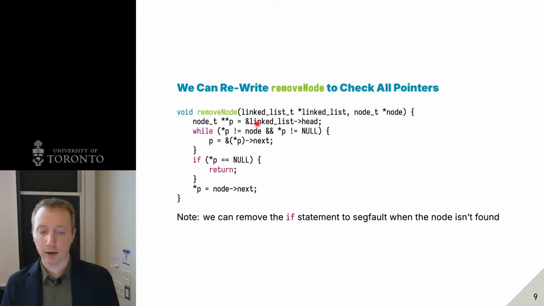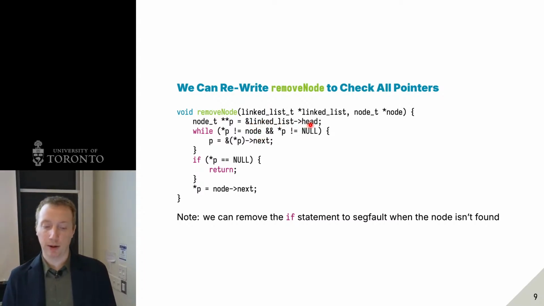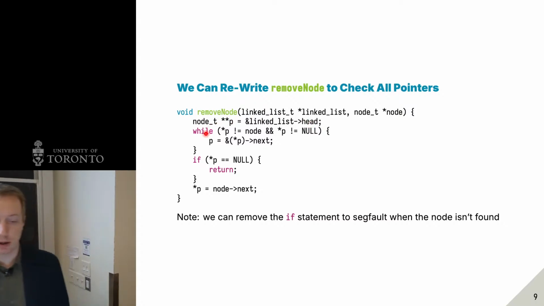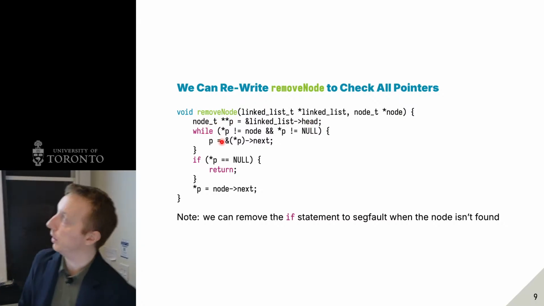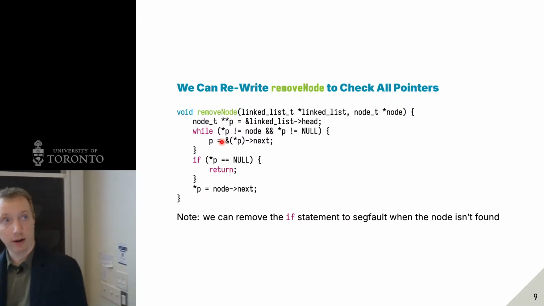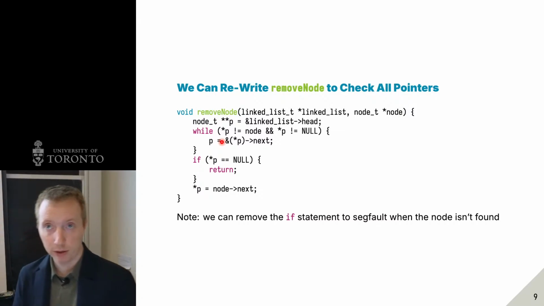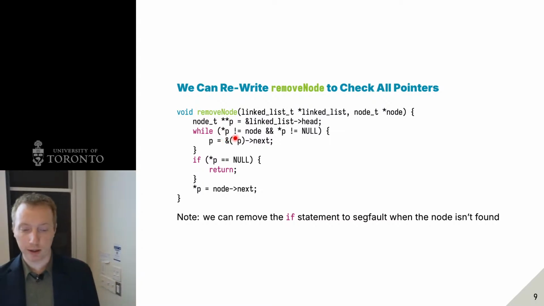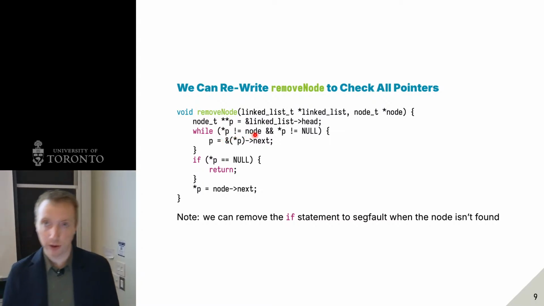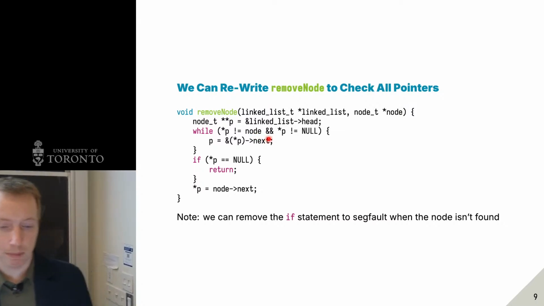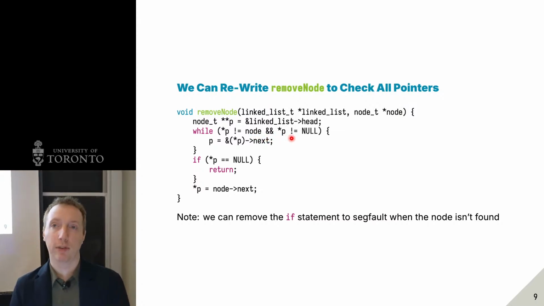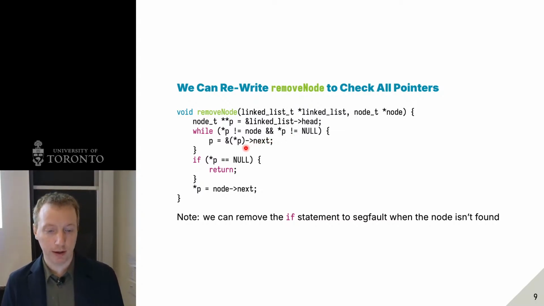To start it off, we would be pointing to the linked list head, and then we could have the same while loop. In this case, we dereference P, which gets the value of the pointer. If it is not equal to node, so if it doesn't currently match whatever we're trying to find, and we dereference it, it's not equal to null, so it's not the end of the list.